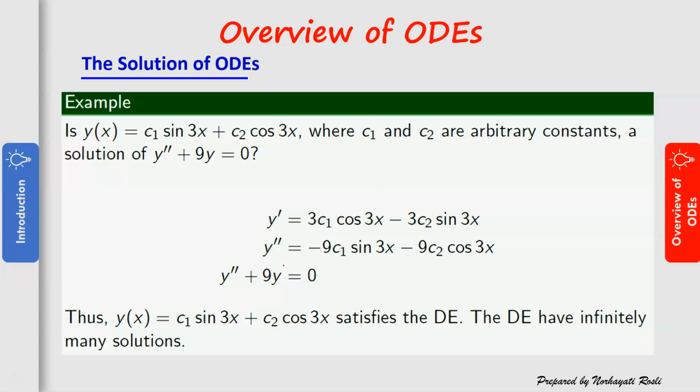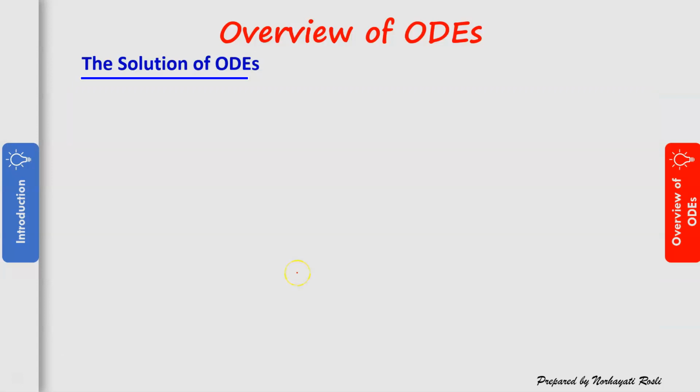So now class, to make sure you understand, let's do it one by one. We have y double prime plus 9y equal to 0, and we want to check whether y equal to c1 sine 3x plus c2 cos 3x is a solution to this differential equation.